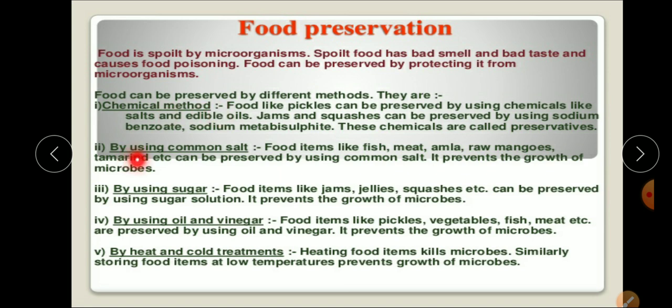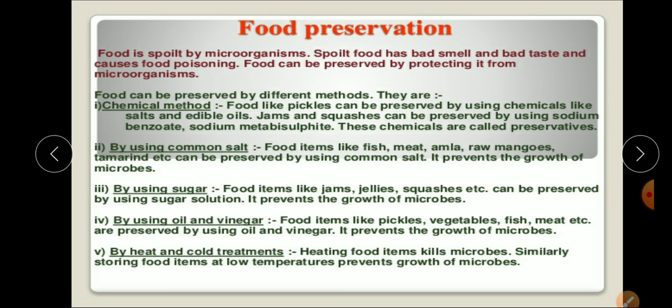Second is by using common salt. Food items like fish, meat, amla, raw mangoes, tamarind, etc. can be preserved by using common salt. It prevents the growth of microbes. You have seen daddies, grandmothers, they used to do such activities, right?